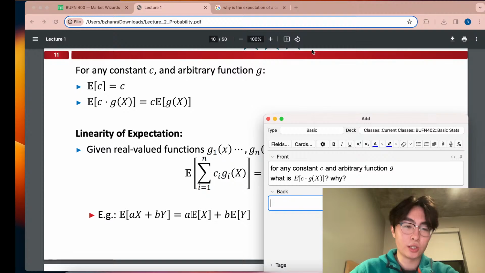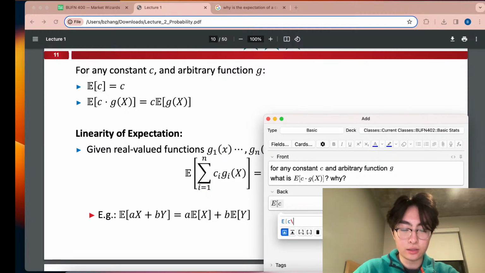I guess it depends on what g is, right? So the expectation of c times g of x is equal to c times the expectation of g of x.